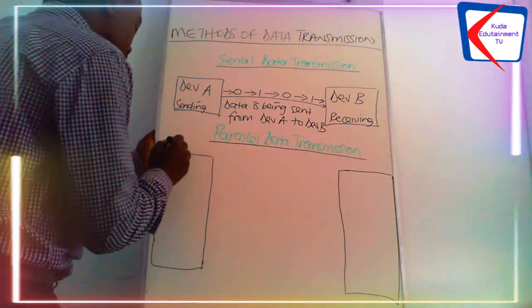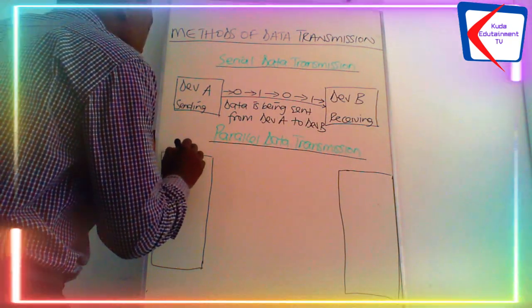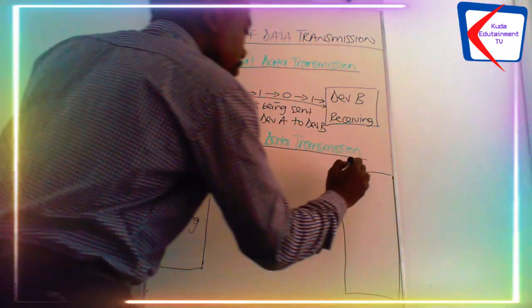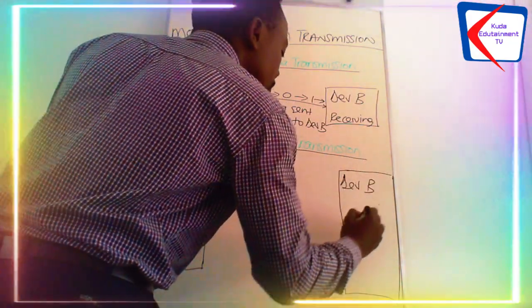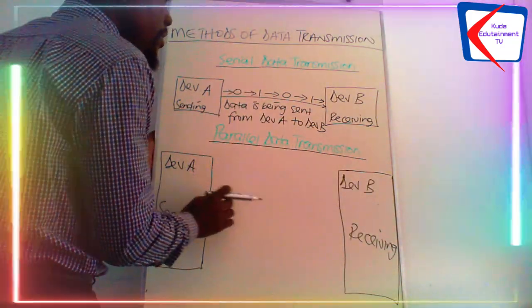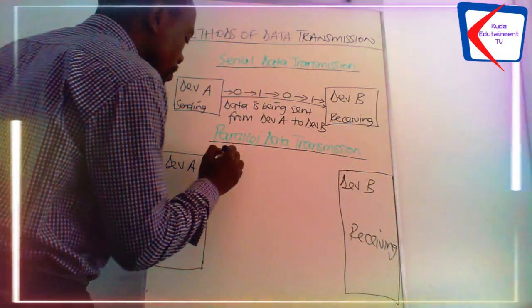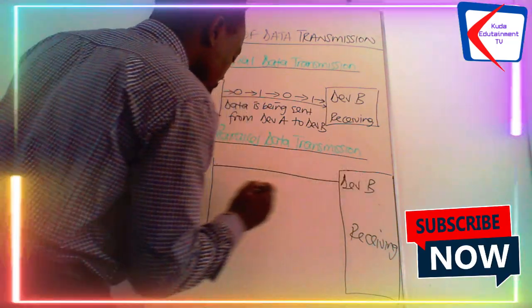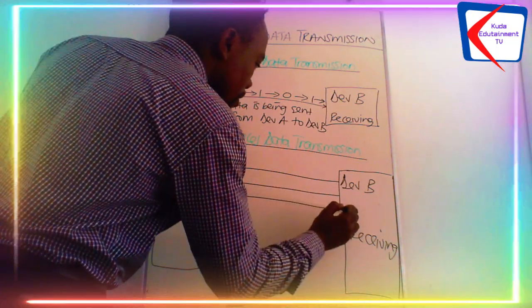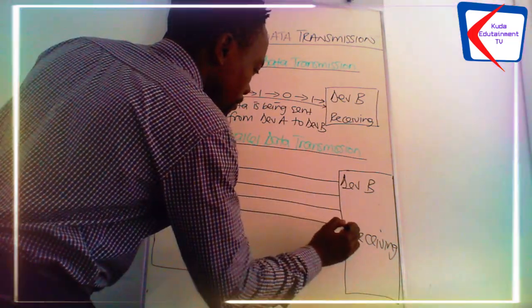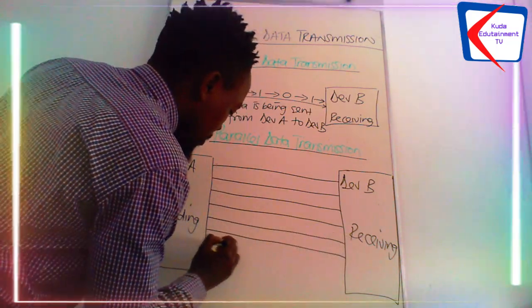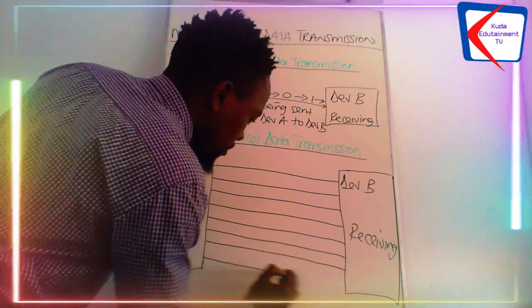This is our device A, which is the sending device, and we also have our device B, which is the receiving device. Data will be sent across using multiple wires. In this case, multiple wires: 1, 2, 3, 4, 5, 6, 7, 8.